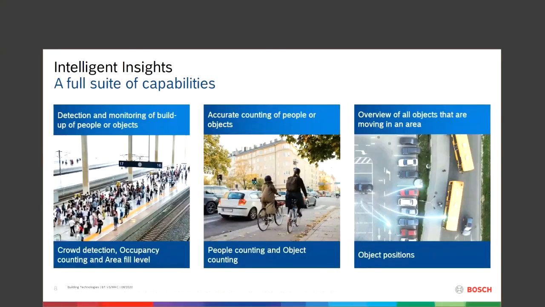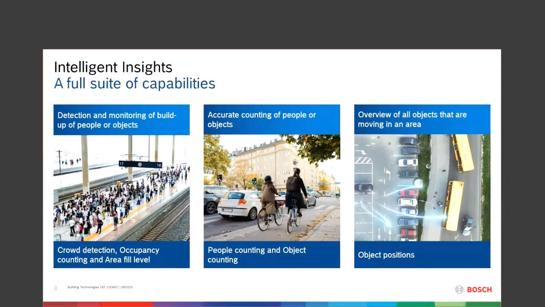We can group them into 3 scenarios. One scenario is detection and monitoring of crowd forming or build-up of occupancy in certain areas. For this scenario, we can use the crowd detection, occupancy counting, and area fill level use cases.